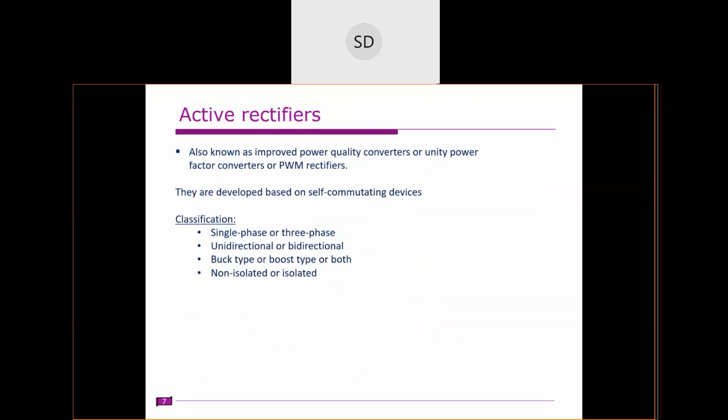Active rectifiers are the solution, the modern rectifiers. Earlier rectifiers were based on thyristors or diodes, but these are based on self-commutating devices, developed using IGBTs or MOSFETs. They are also known as improved power quality converters, unity power factor converters, PWM rectifiers, or active rectifiers.